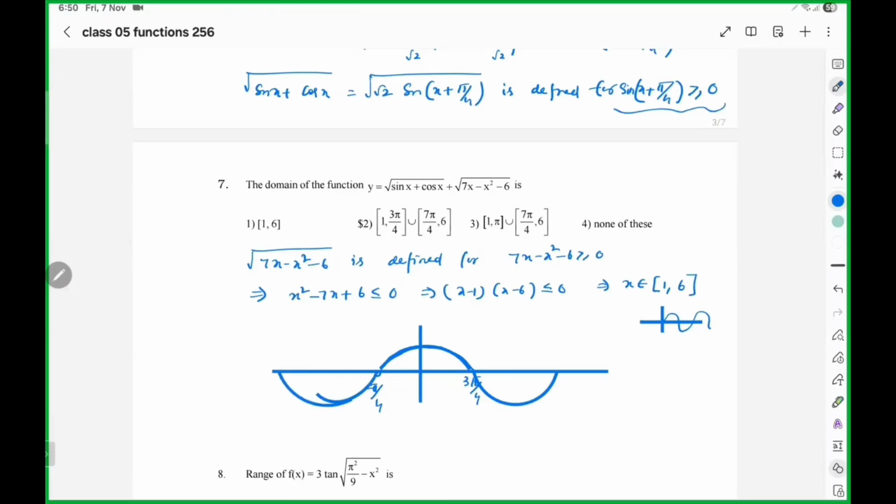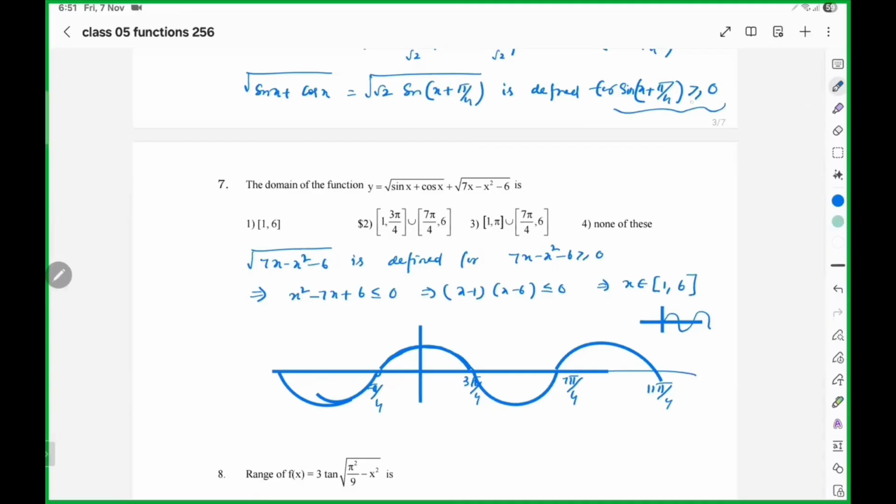Now we want it to be positive, and that should be here, 3 pi by 4. Another pi you take, 7 pi by 4. So it will be 7 into 3, 21 by 4, 5 point something. Still we can go for some more values because up to 6 we are allowed. 7 pi by 4 plus pi is 11 pi by 4.